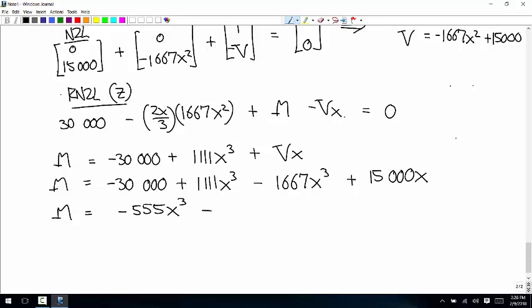That's what the negative sign means. Oh, yeah. It's this repeating. This is shorthand for 5's repeating forever. Okay, yes. And then plus 15,000x minus 30,000.